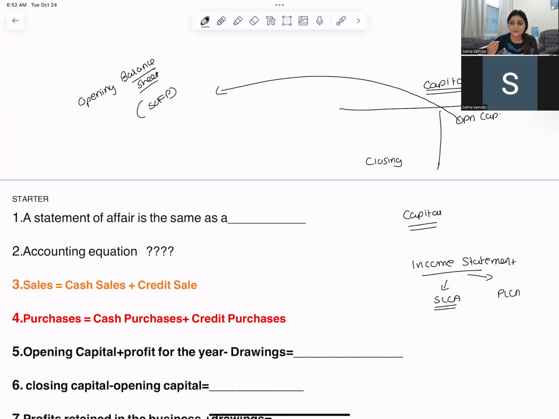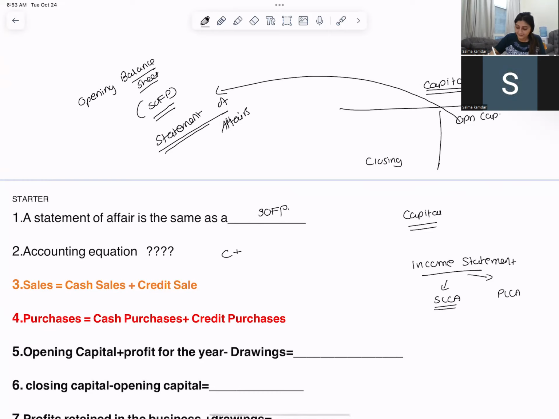But in incomplete records, your statement of financial position is called the statement of affairs. A statement of affairs is the same as a statement of financial position. Accounting equation, you know the accounting equation: capital plus liabilities is equal to assets.